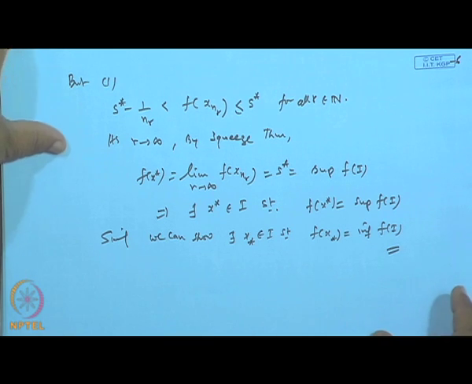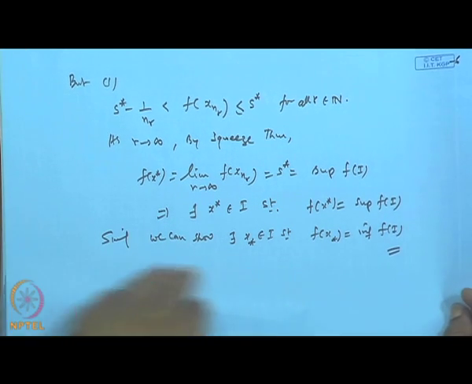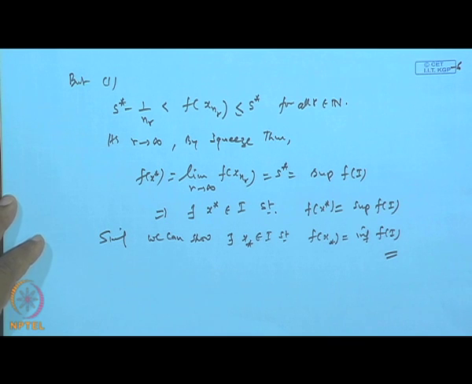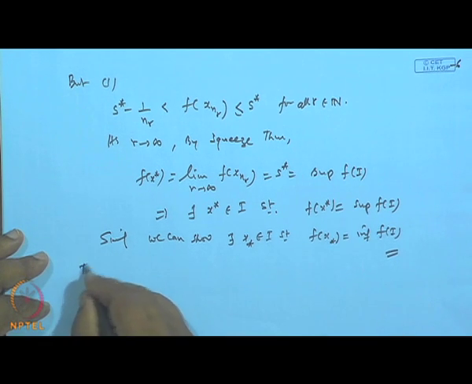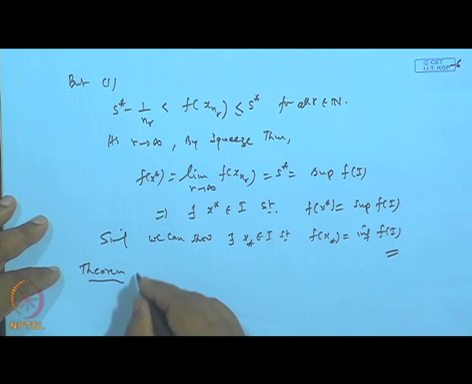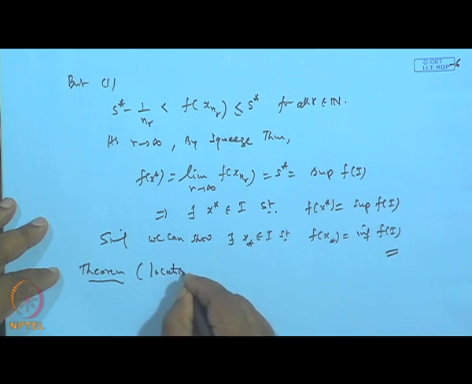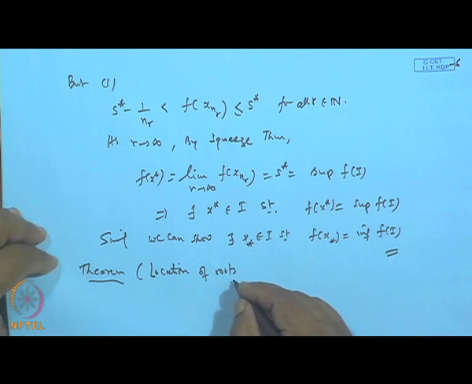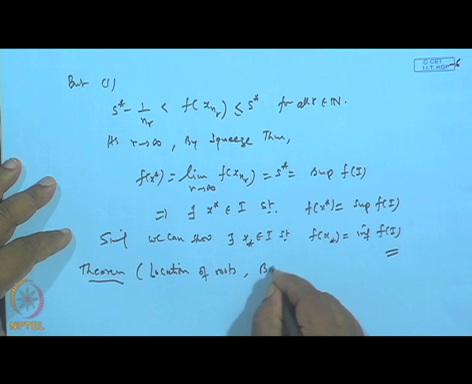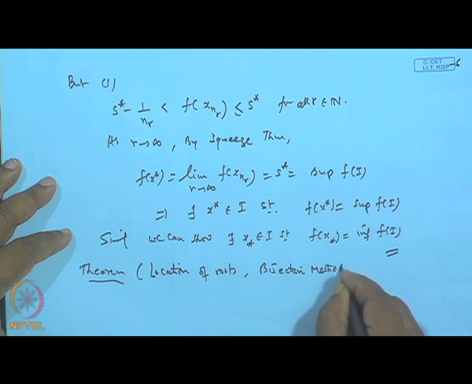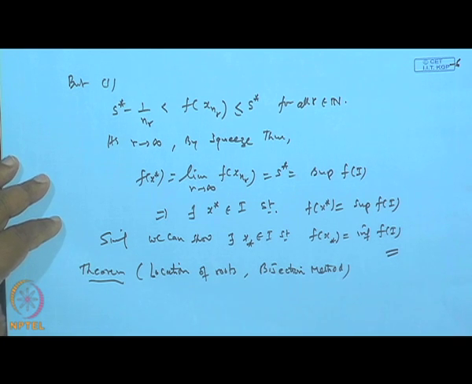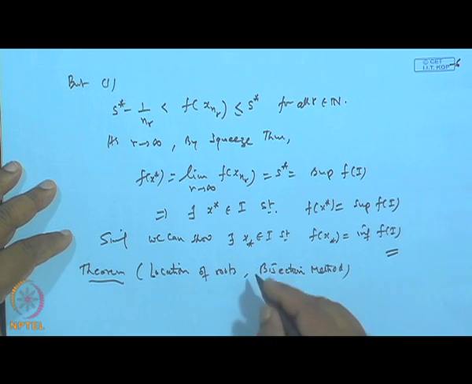Okay. So, the next result is also interesting, that shows the location of roots. In fact, this is also known as the bisection method. The algorithm is known as the bisection method, but we are not touching it.